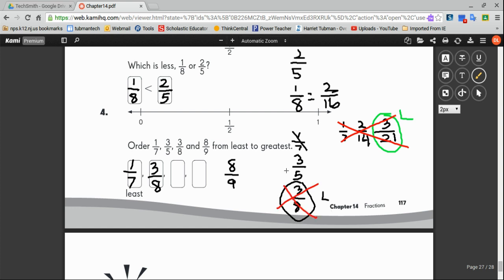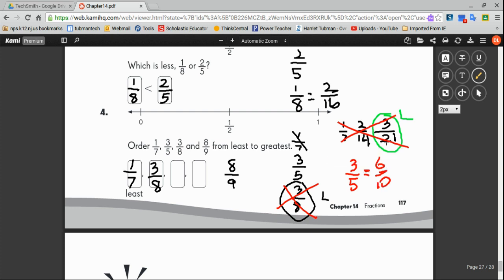So now I'm stuck with two of them, 3/5 or 8/9. And if I think about 3/5 and 8/9, 3/5 is the same thing as 6/10. And we're going to just use an estimation for this.